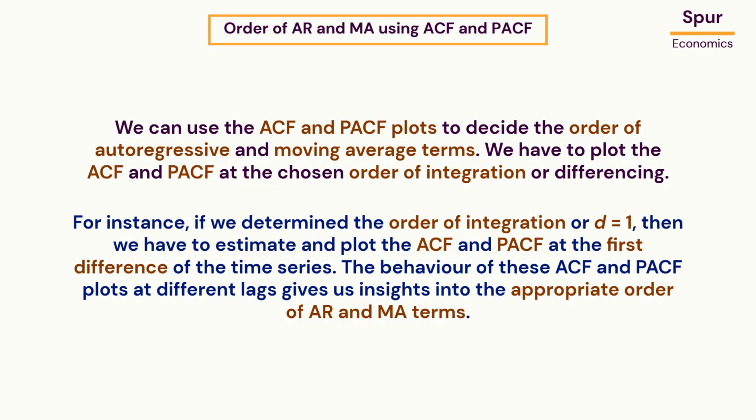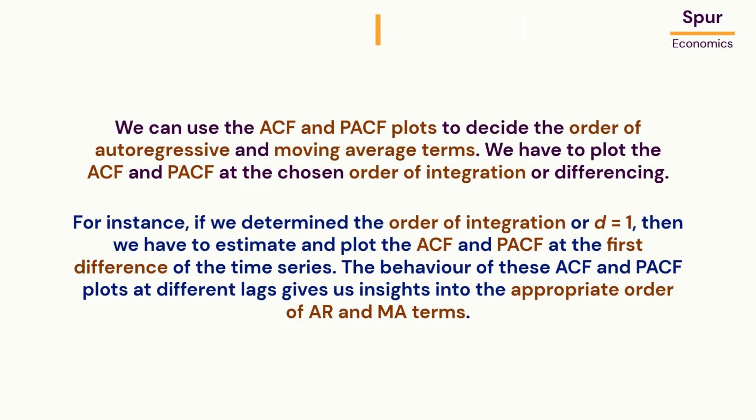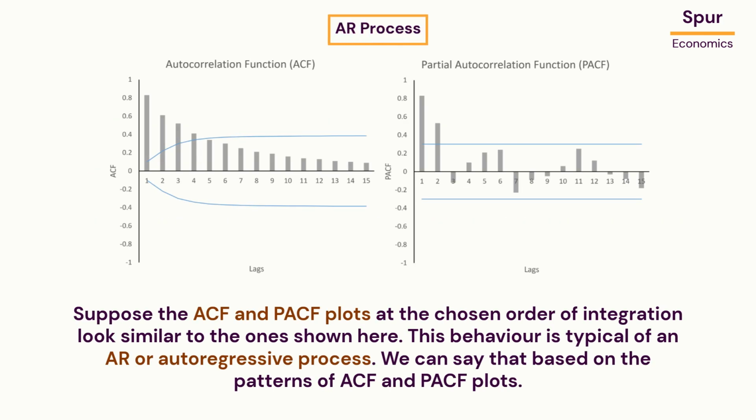The behavior of these ACF and PACF plots at different lags gives us insights into the appropriate order of AR and MA terms. Suppose the ACF and PACF plots at the chosen order of integration look similar to the ones shown here. This behavior is typical of an AR or autoregressive process, based on the patterns of the ACF and PACF plots.